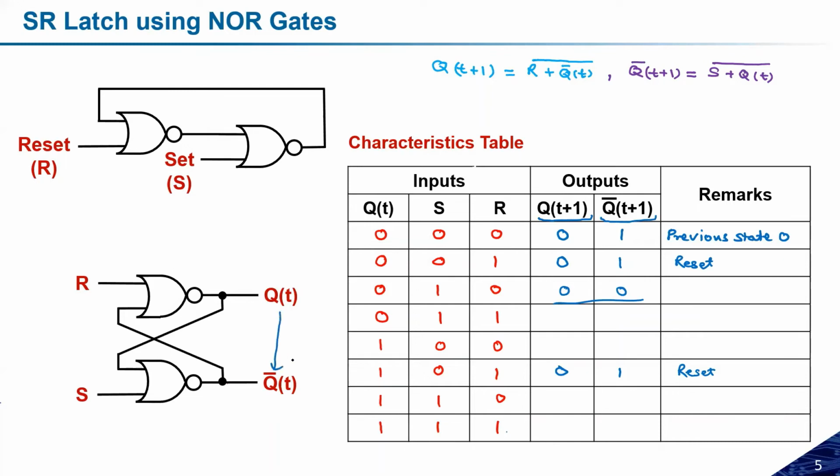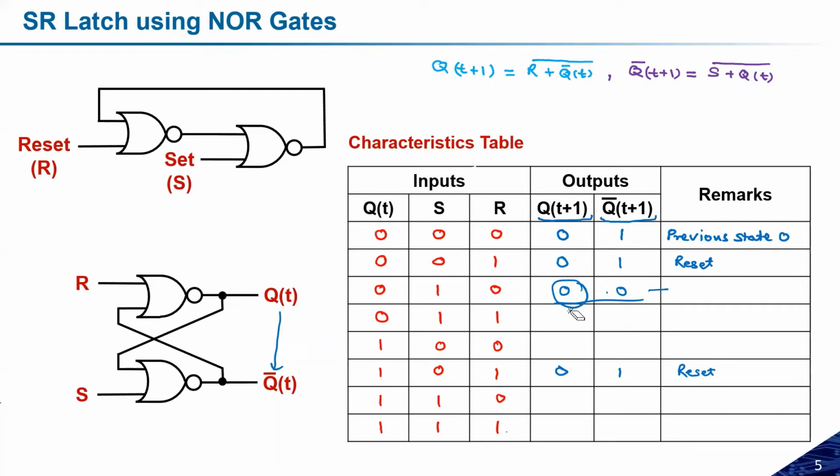So there is a problem here. During the intermediate state, the complementary rule is not being followed. So it will wait for the next state, and once Qt plus 1 changes, it will change its state. It will consider Qt bar as 0.